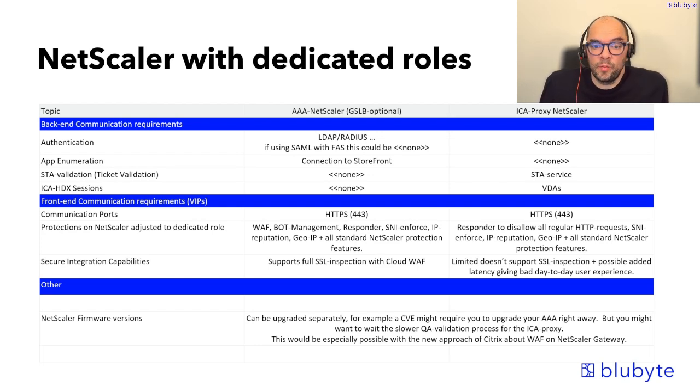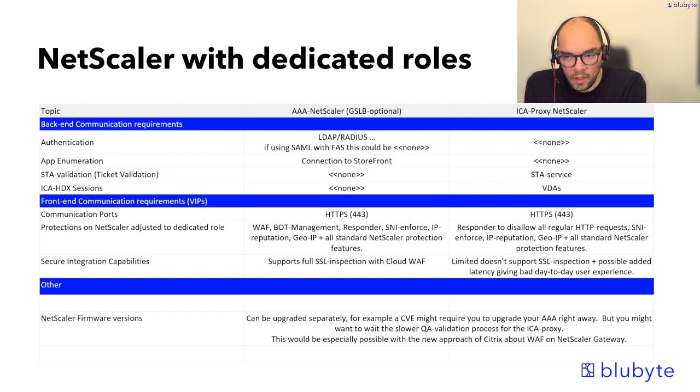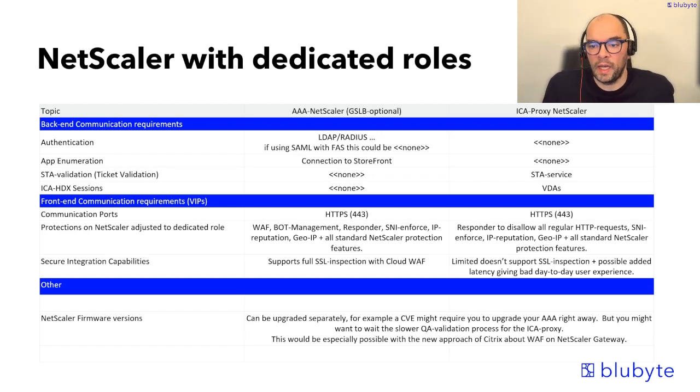WAF and bot management can be activated, but are a little less relevant because we can create a responder policy to disallow all regular HTTP requests. We can keep the SNI enforcement because that is fully supported by Citrix Receivers. IP reputation and GeoIP are features we can use as well. However, typically ICA HDX sessions don't support SSL inspection, so that's something you cannot activate here.